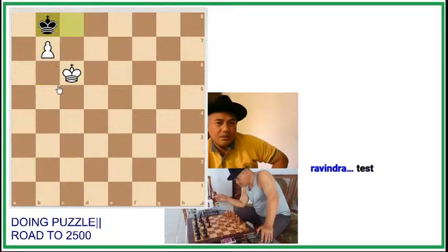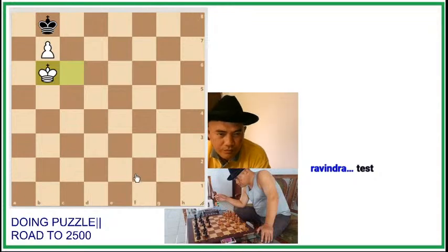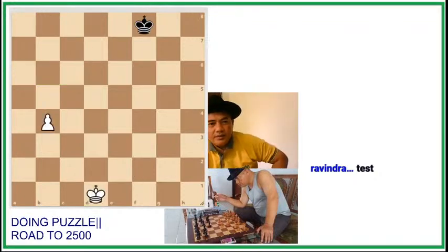Yes, because white has to protect this pawn. White is put in zugzwang and he can't go here or here because he will leave the guard. Then it is a stalemate. So we have learned that when we go to this case, this is a draw.